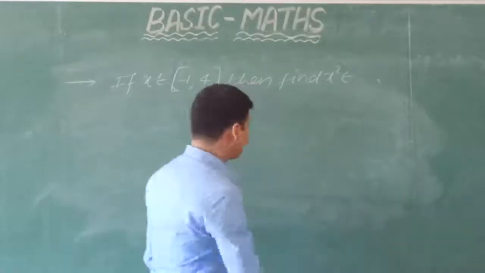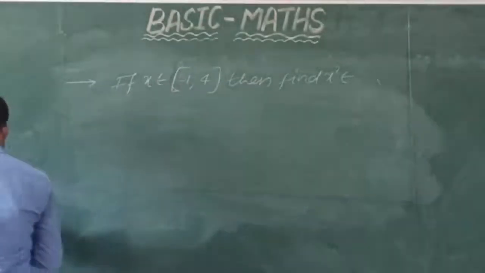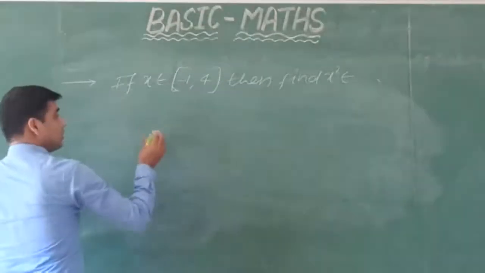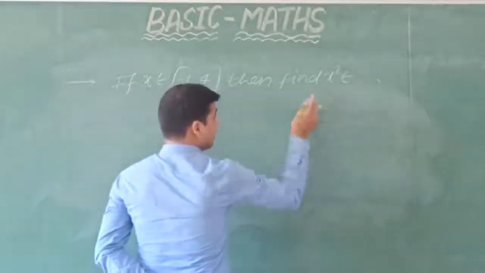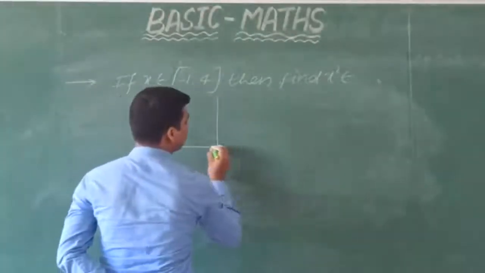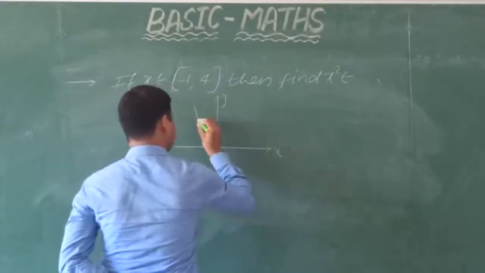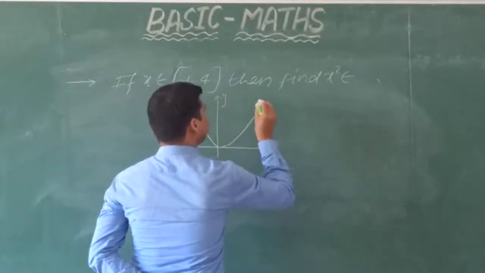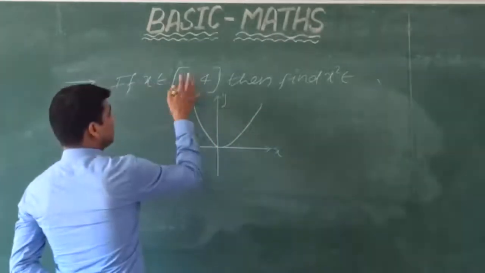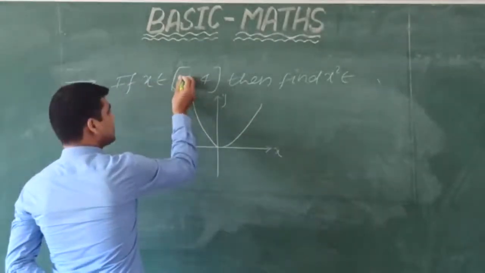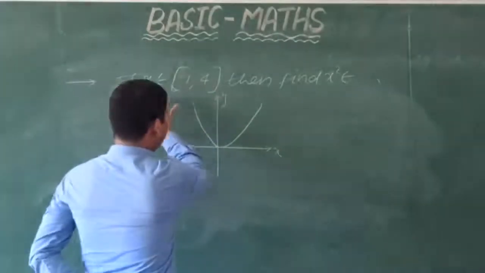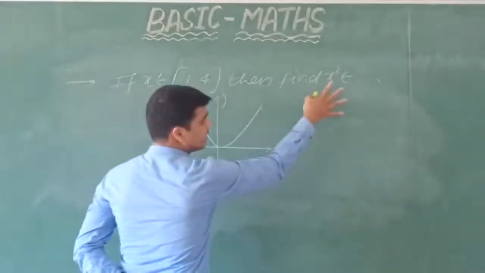Now see this, it's very simple here. First of all we will draw the graph of x square. So we know that this is the graph of x square, this is the y axis, this is the x axis. Now see this here, -1 you can take here first, then I will explain -1. So 1 to 4: if x belongs to 1 to 4, then find x square belongs to.